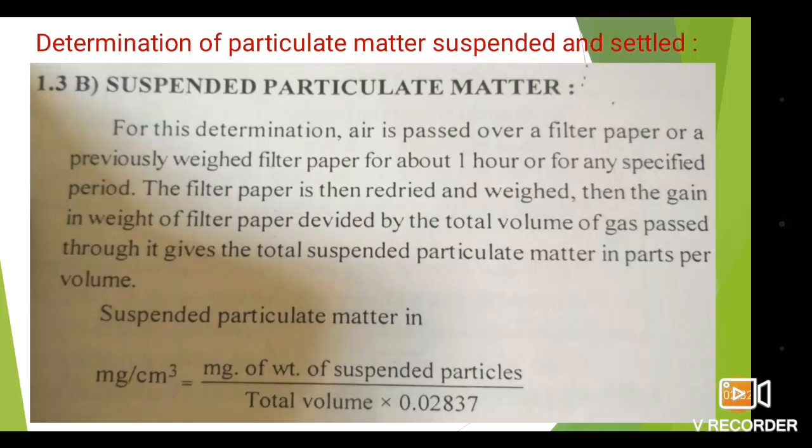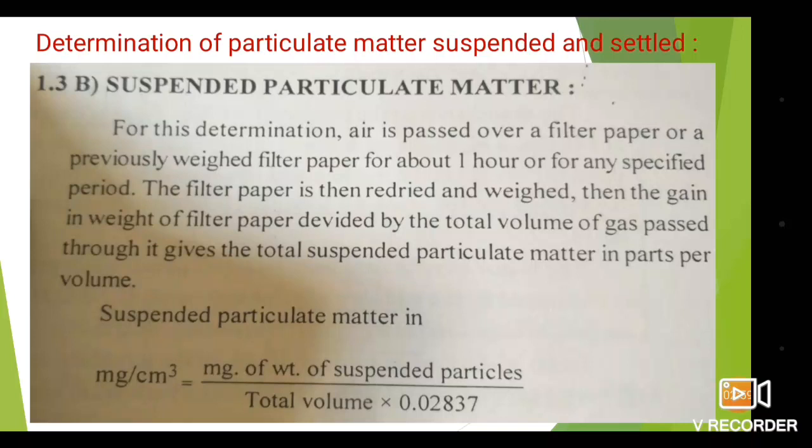Then weigh the filter paper before and after passing the air through it, and whatever the gain in weight of the filter paper is measured, and this gain in weight is divided by the total volume of gas passed through it, and gives the suspended particulate matter in parts per volume.